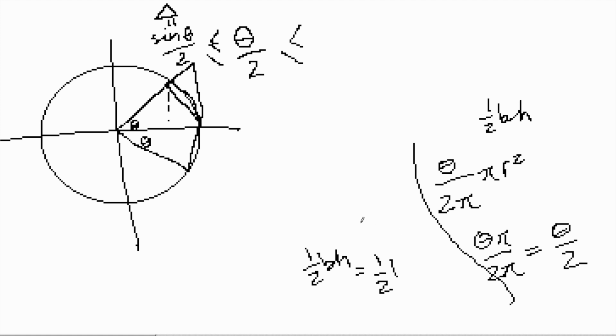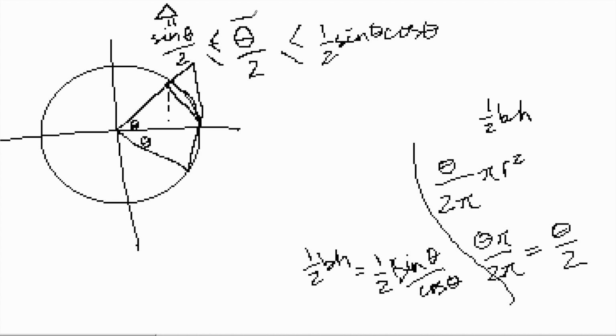So what that'll be is tan theta, or another way of saying that is sine theta over cos theta. That's our wedge. And then this is our right triangle.